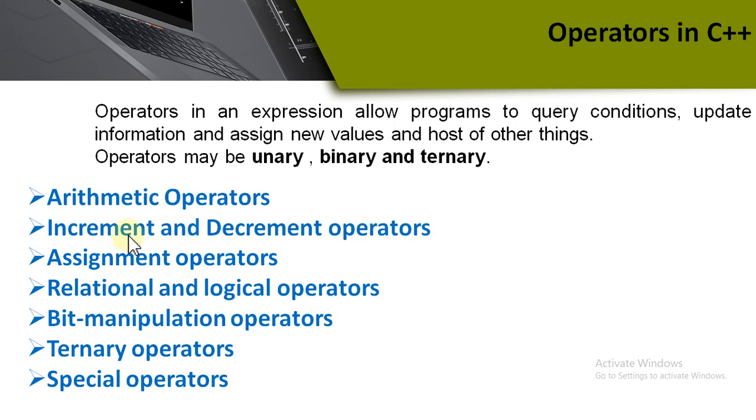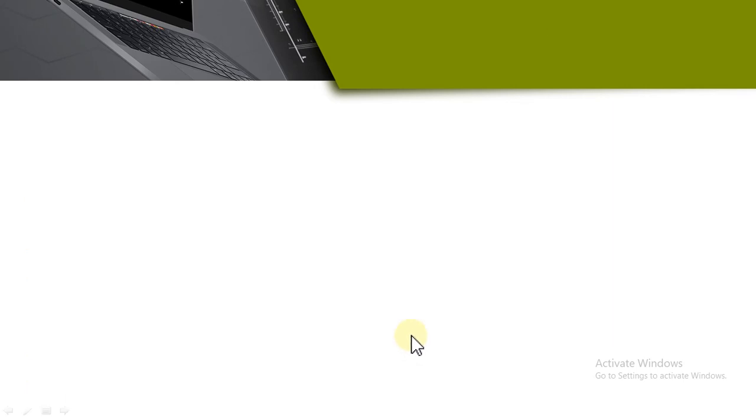Arithmetic operators, increment and decrement operators, assignment operators, relational and logical operators, bit manipulation operators, ternary operators, and special operators. There are 1, 2, 3, 4, 5, 6, 7 kinds of operators. There is no confusion as such. We will explore these operators whenever they come into the picture.